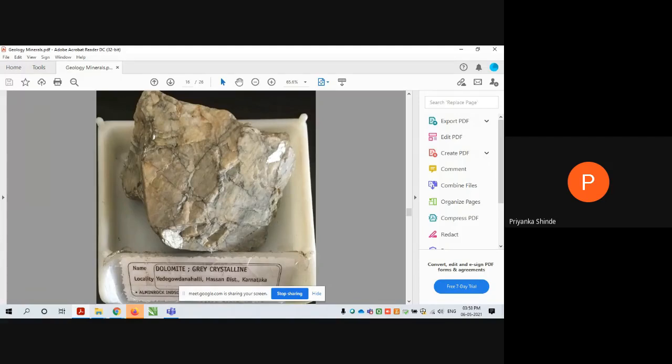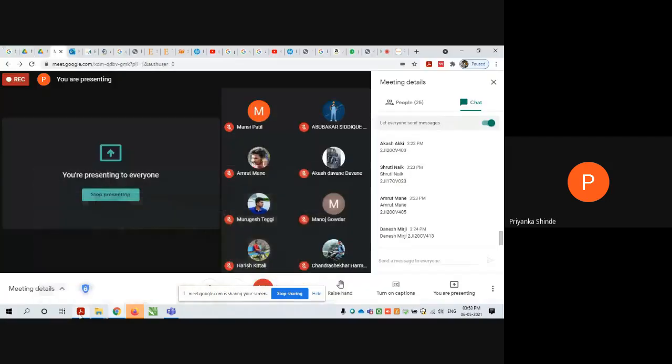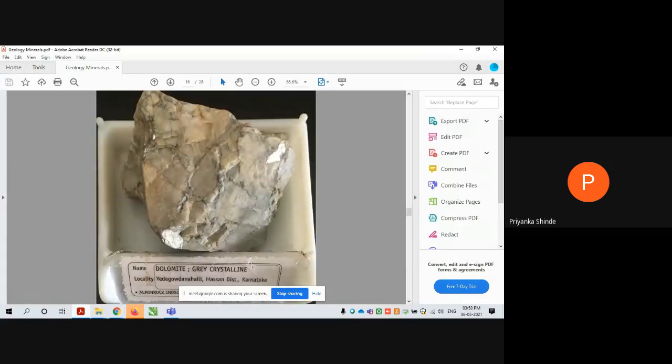So lime is the main ingredient in manufacturing of what? Cement. Yes, cement. The lime is used as a flux. It is also used as a bleaching agent, and in paints. But the main use is in the manufacturing of cement.